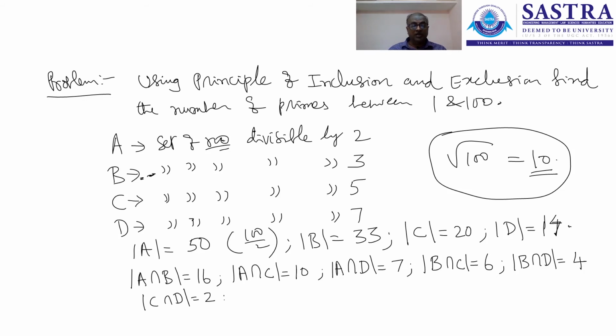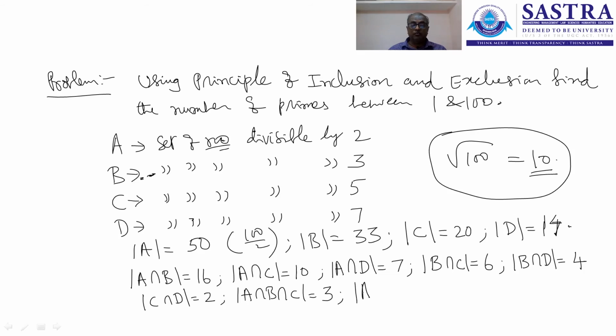Now let me take 3 at a time. A intersection B intersection C. I have to find the cardinality of numbers divisible by 2, 3 as well as 5. So I have 2 into 3, 6. 6 into 5 is 30. 100 by 30 gives you 3.